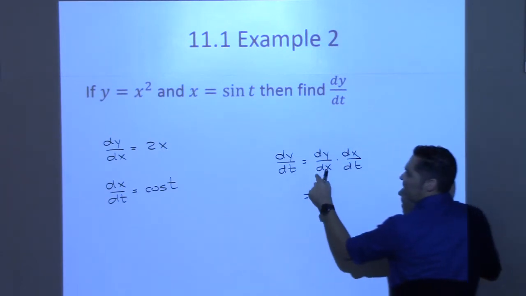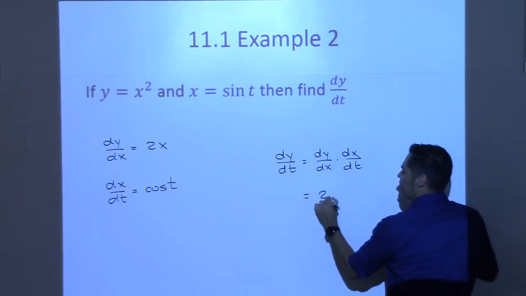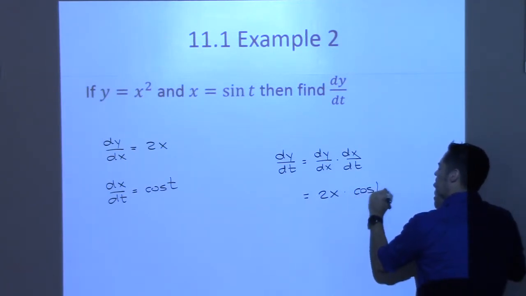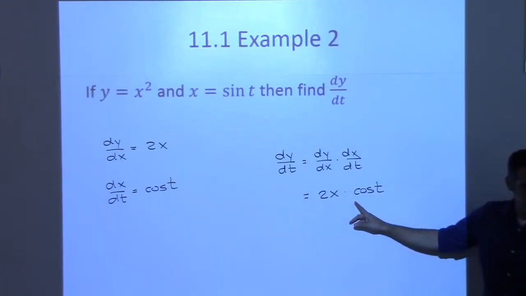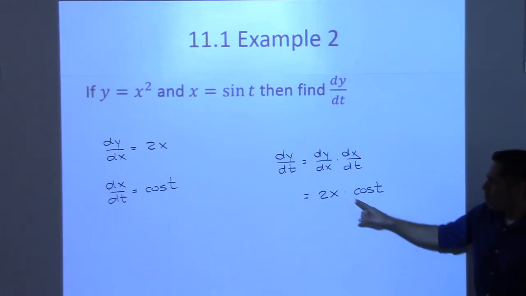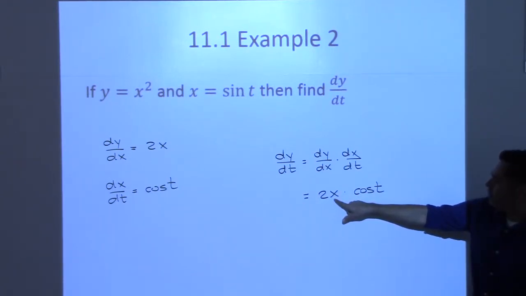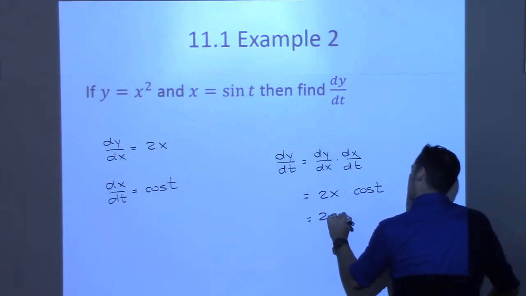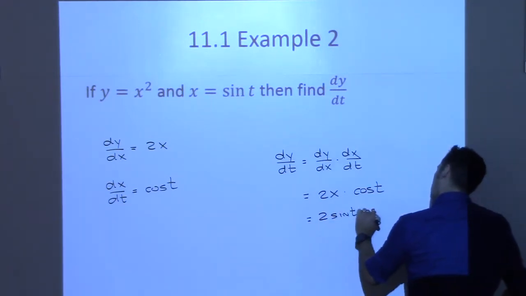Now what's dy dx? 2x times dx dt, cosine t, and that isn't quite the answer that we just had, right? But we can replace x with what? With sine t, and then we get the exact same answer, don't we? Y'all see how that worked?